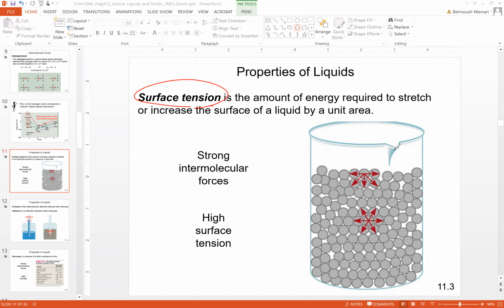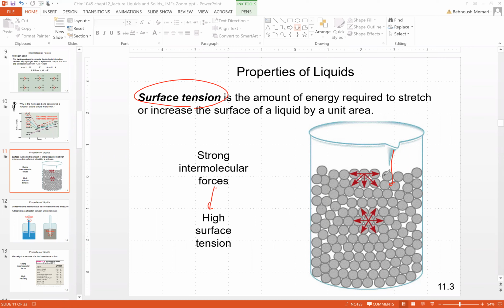Basically, if you wanted something to drop in the liquid, it has to overcome the surface tension. The surface tension for liquids increases with increasing intermolecular forces. If you have strong intermolecular forces, it's going to result in higher surface tension.